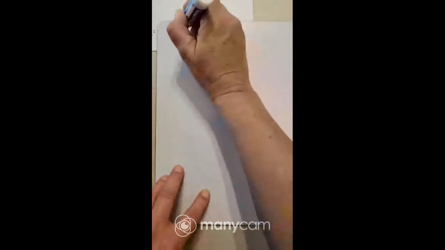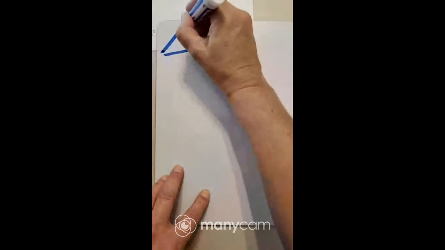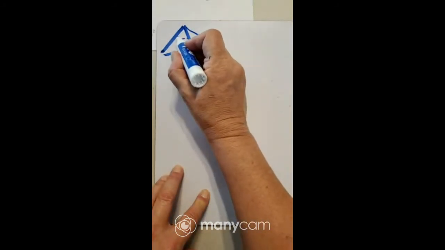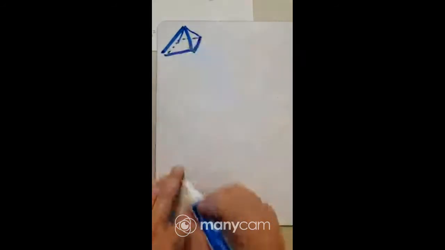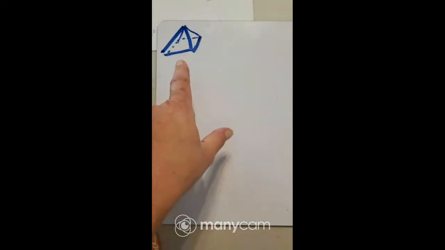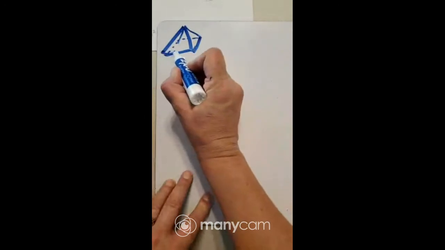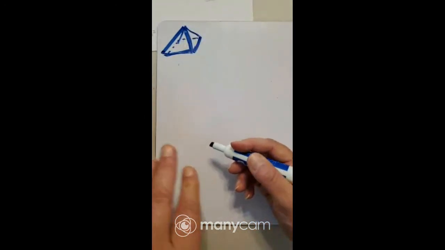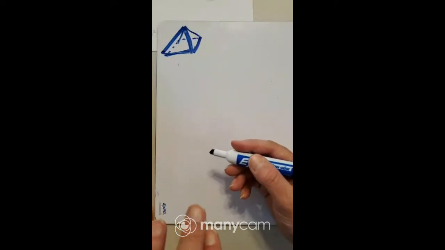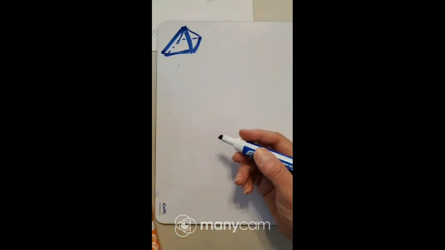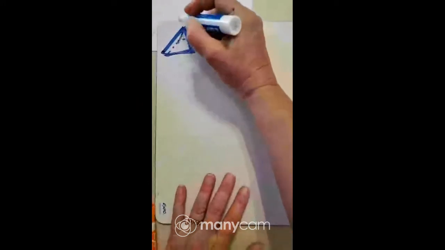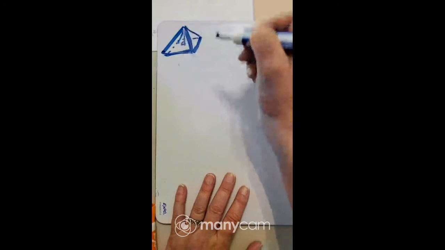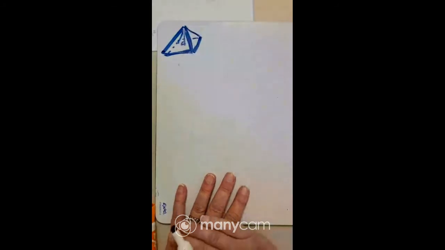When we are finding the volume of a rectangular prism, the height that we are given is the height from the center straight down to the middle of the base.